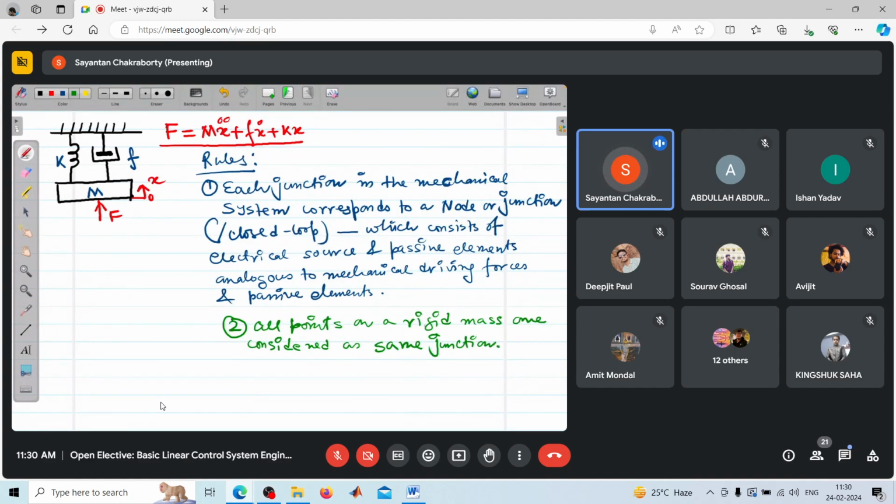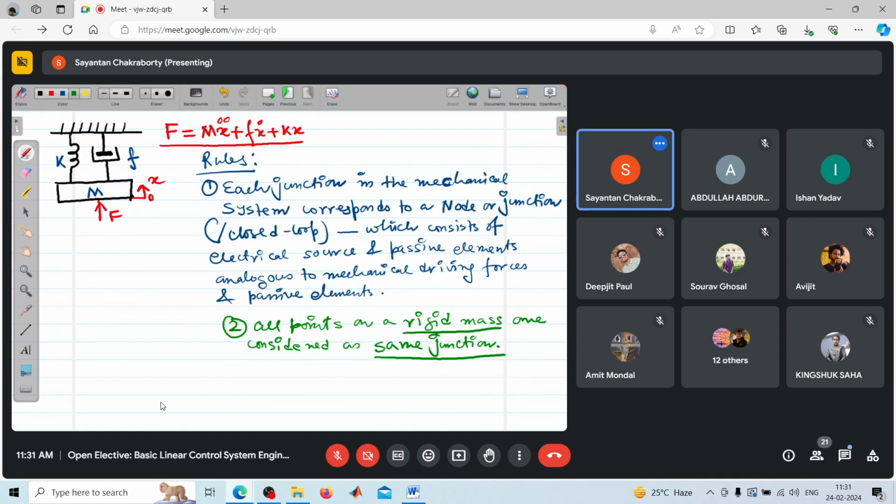Okay, so all the points on a rigid mass are considered as the same junction. We have already derived how this force voltage or force current analogy can be obtained.